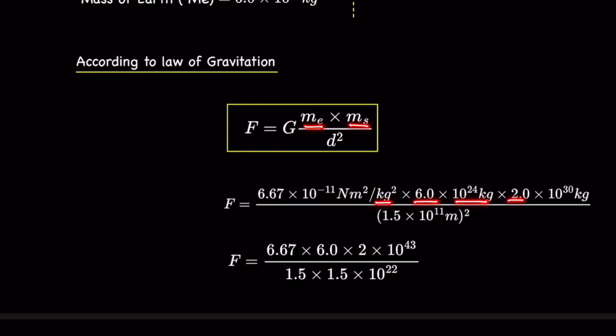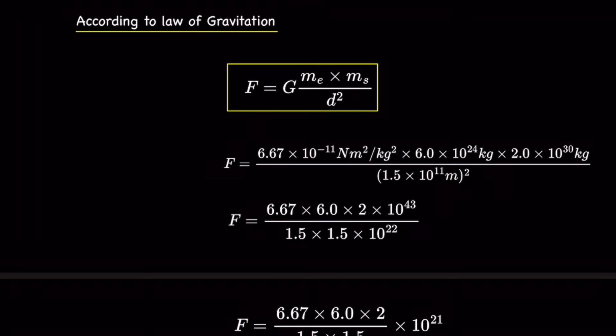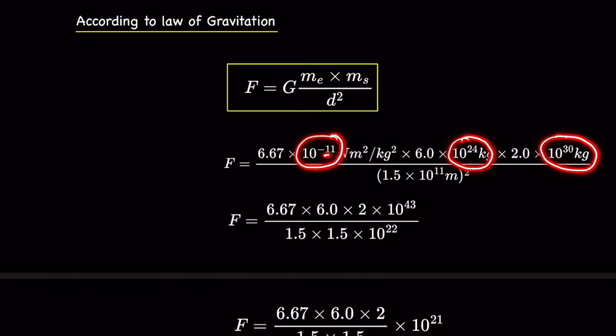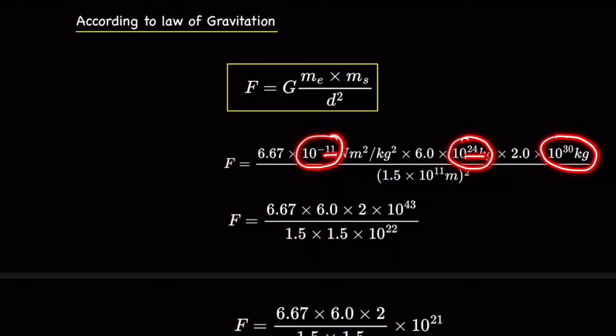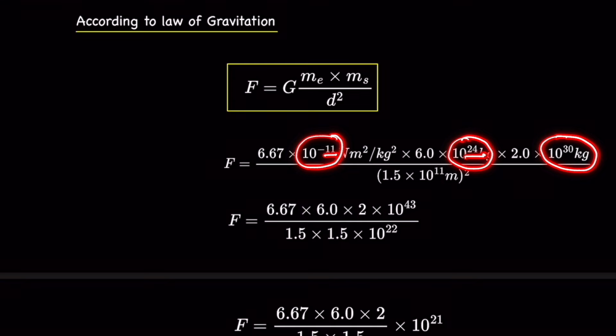Mass of Sun is 2 into 10 to the power 30 and the distance is 1.5 into 10 to the power 11 whole square. After that, I removed the powers first. So this is 10 to the power minus 11, 10 to the power 24 and this is 10 to the power 30. So minus 11 plus 24 is 13 and 13 plus 30 is 43.